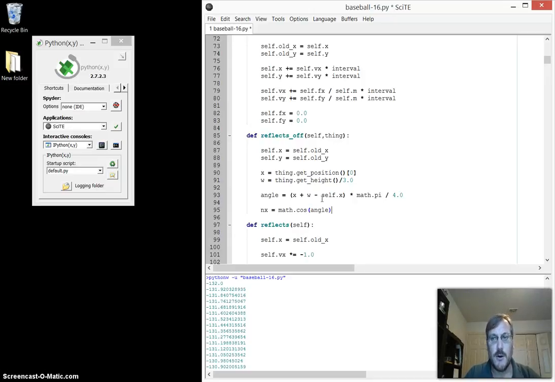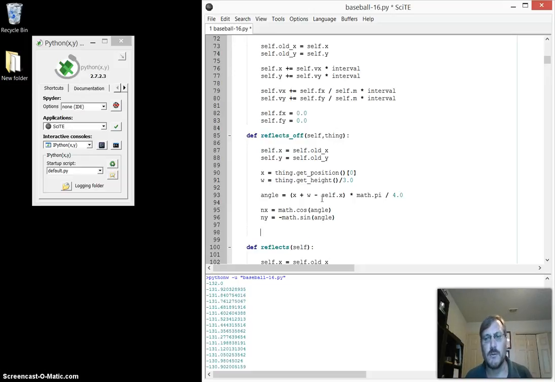Because that angle should be 0, and so I want the normal to be 1 in the normal direction, and I want it to be 0 in the perpendicular direction, and that's minus math sine angle. You could use plus, but then all the angles would be reversed from what we see when the thing shoots off. All right.